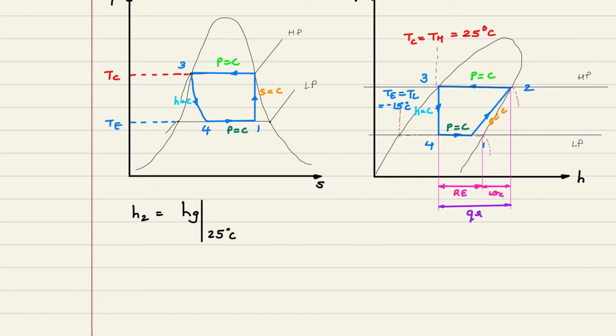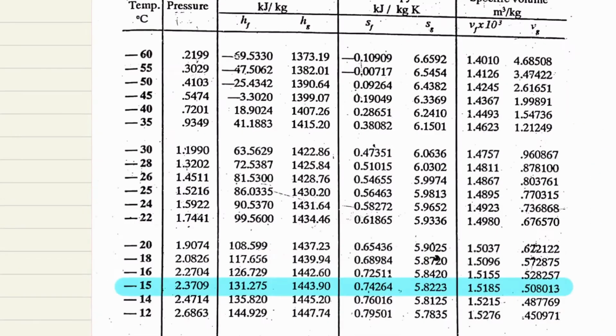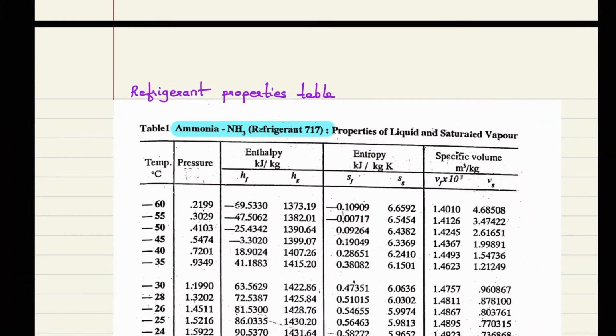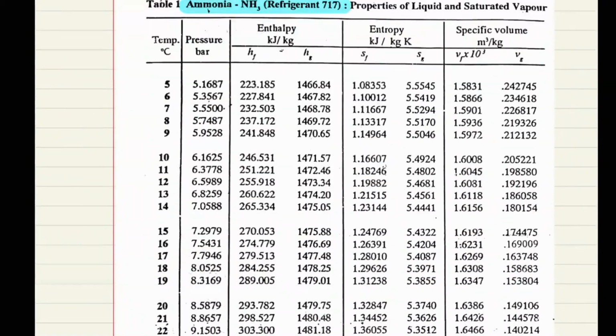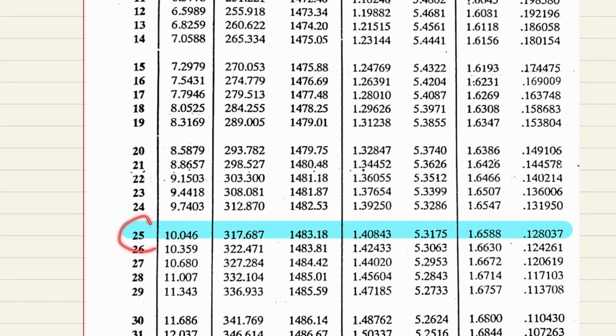So we will go to the ammonia tables. Okay, so refrigerant tables. These are refrigerant property tables for ammonia R717. What is the temperature given? Higher temperature, it is 25 degrees Celsius. So for 25 degrees Celsius, what we have to read?